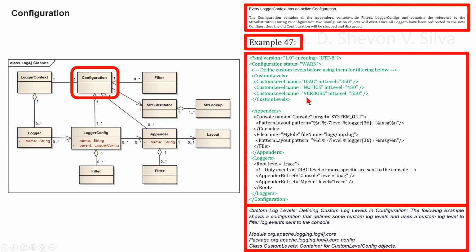Class CustomLevels in the API, in package org.apache.logging.log4j.core.config, in module org.apache.logging.log4j.core, container for CustomLevelConfig objects.